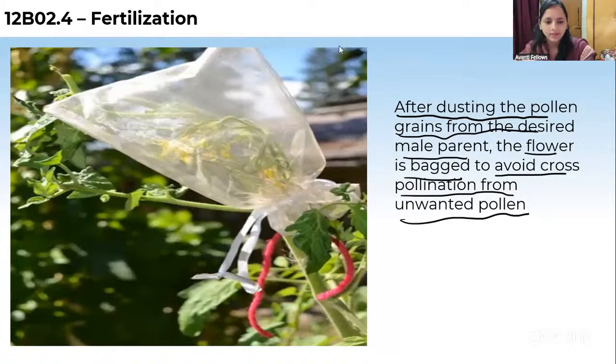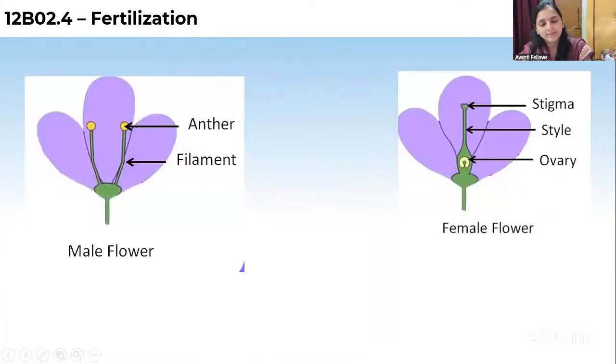Okay, this is the case of the bisexual flower, guys. Now let us talk about unisexual flowers. The flower has either the male or the female part. Here we are not going to do emasculation, because the anther is on a different parent and the female flower has only the female part, not the male part.